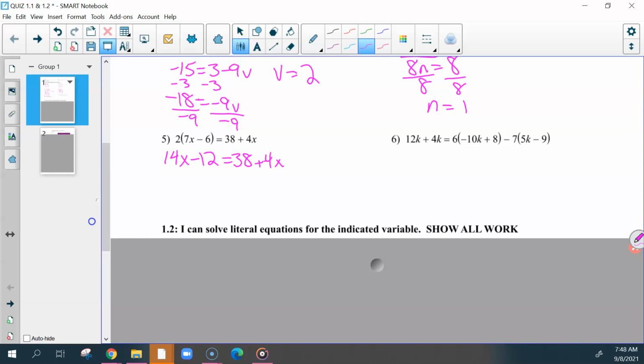So I'm going to do it like this. Add 12 to this side and subtract 4x from this side. Really, you just have to make sure you're combining these with like terms, not with opposite terms. So this would have given us 10x, and this would have given us 50.